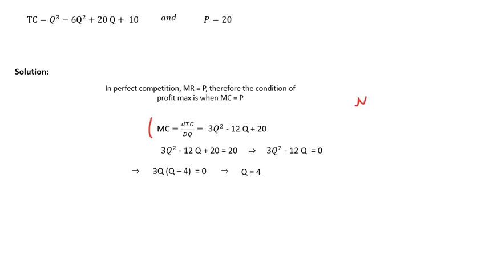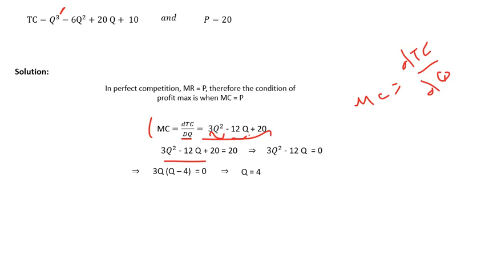We know that the marginal cost is simply the derivative of total cost with respect to the quantity, which means MC equals 3Q squared minus 12Q plus 20. And we set this equal to the price, P, which is 20.